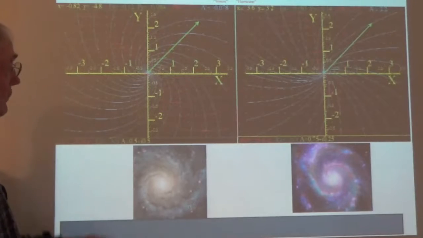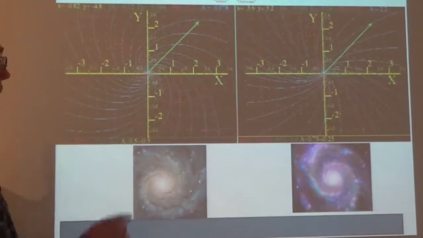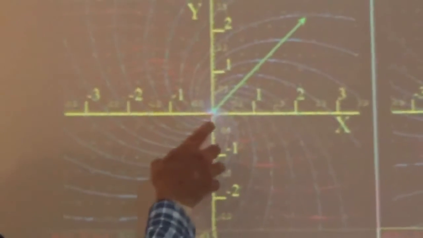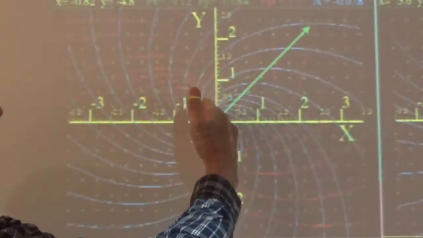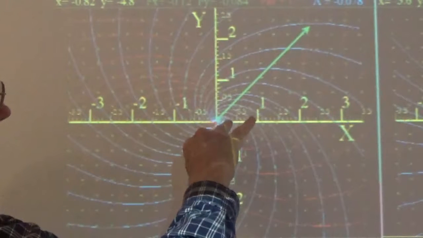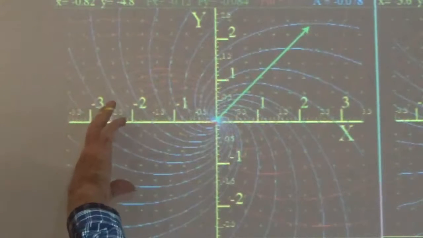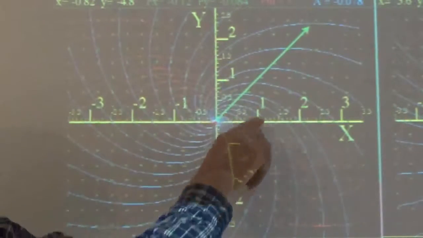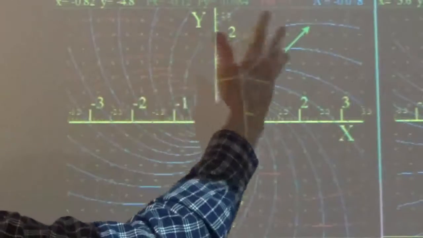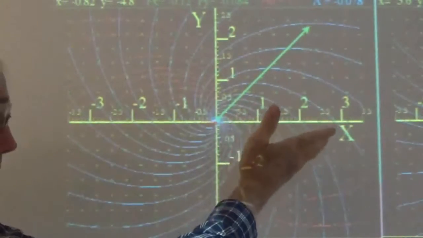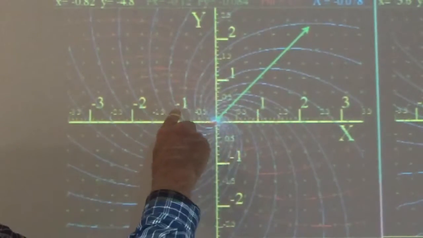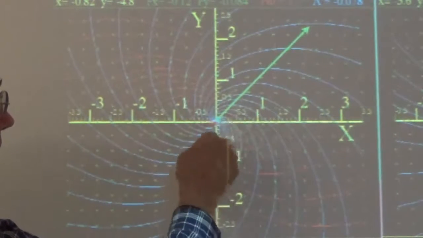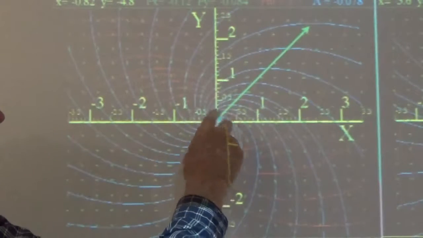Here you can actually see that you have streamlines that make a spiral that goes in the opposite direction of the flux. I'm sorry, the flux lines, the streamlines, make a spiral, a logarithmic spiral, because that's what this function is, logarithm of the dependent variable.